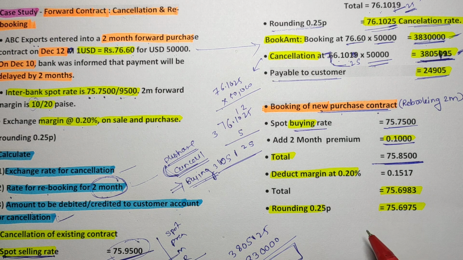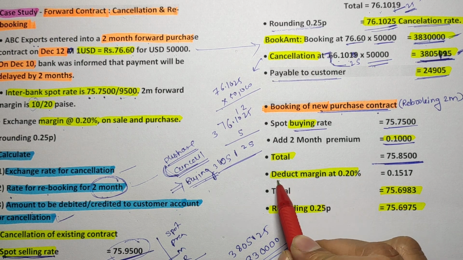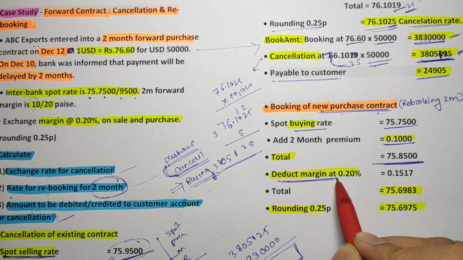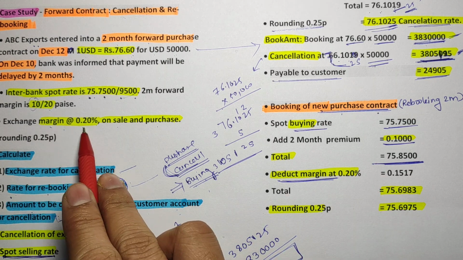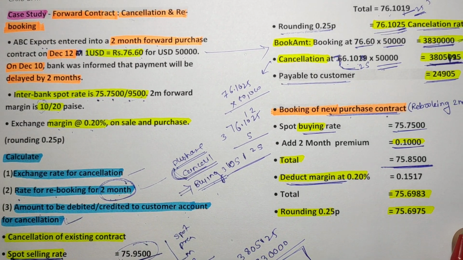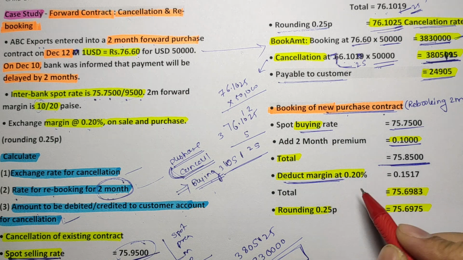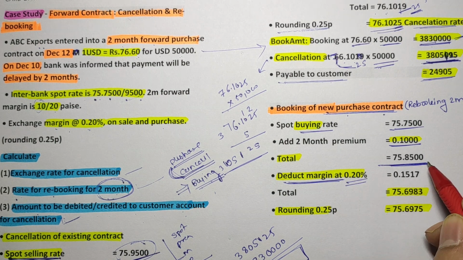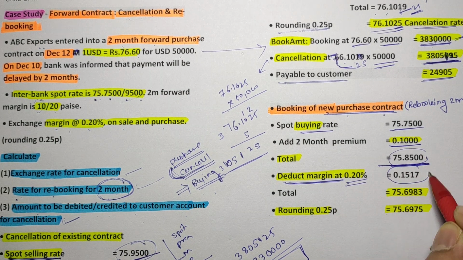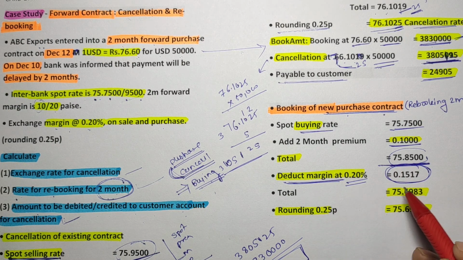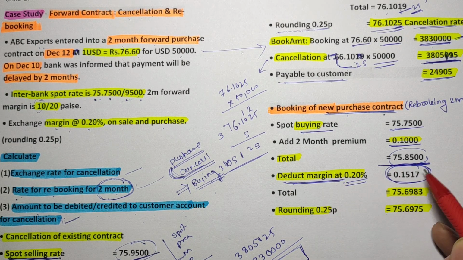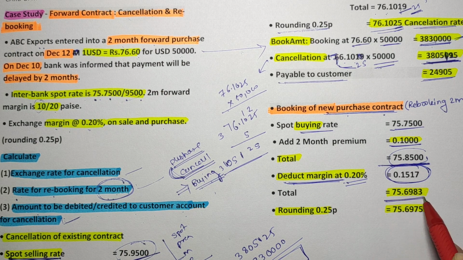And the next step after adjustment of the premium is the margin adjustment. They have given the margin as 0.20%. When you calculate the 0.20% of this value, you will get 0.1517. When you deduct that margin from that rate, you will get 77.6983.